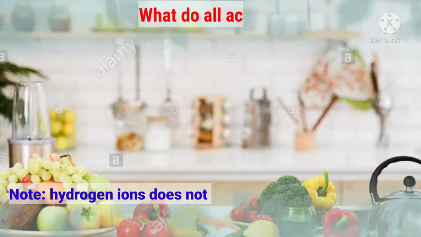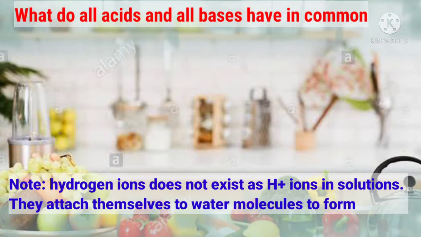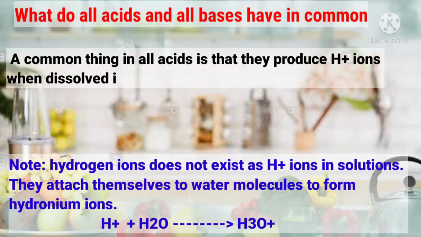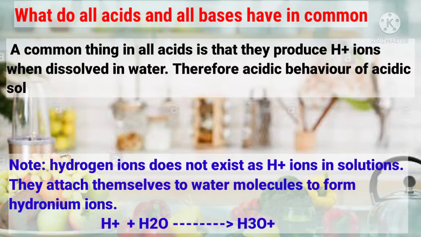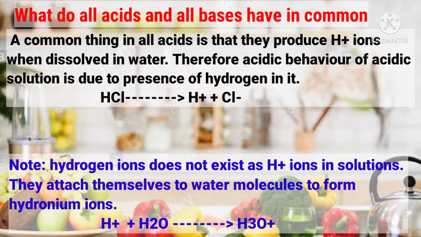Now, we will see what all the acids and all the bases have in common. A common thing in all the acids is that whenever acids are added to water, they split into hydrogen ions. Hence, the acidic behavior of a solution is mainly due to the presence of these hydrogen ions.